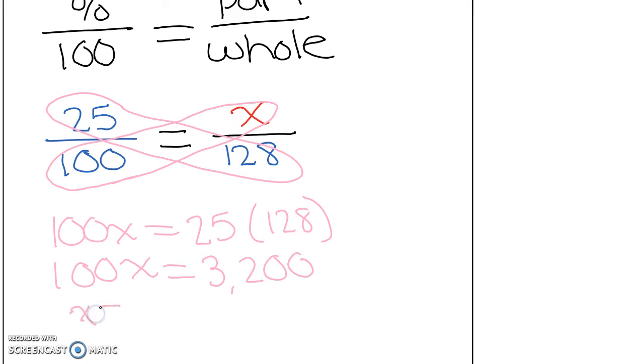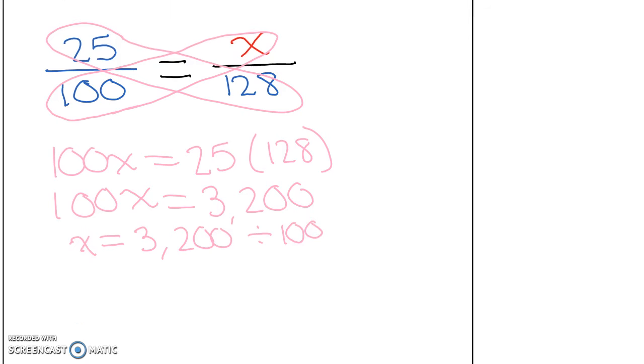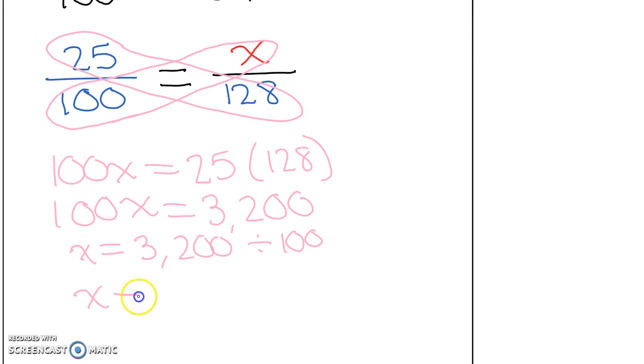And now x is equal to 3,200 divided by 100. So x is equal to 32. So that means that Jack is using 32 gigabytes of his storage.